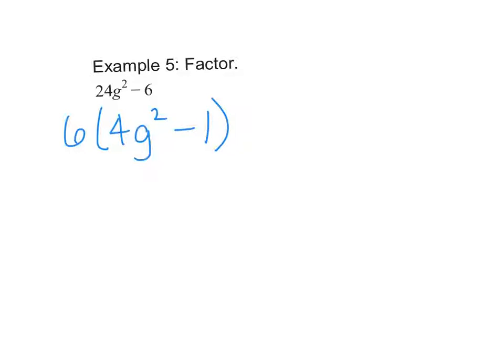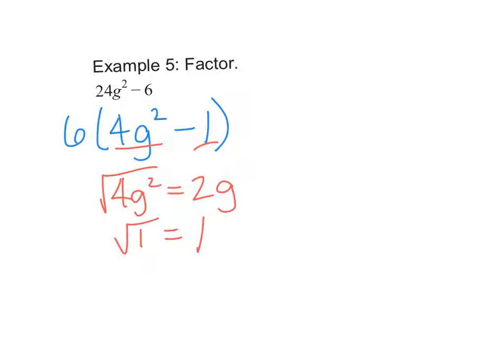Is that okay? All right, so now that's my first and second term. Is 4g squared a perfect square? Yes, what's the square root of 4? 2. And the square root of g squared is g. And what's the square root of 1? 1. So then I can write this as 6 times 2g plus 1 times 2g minus 1.